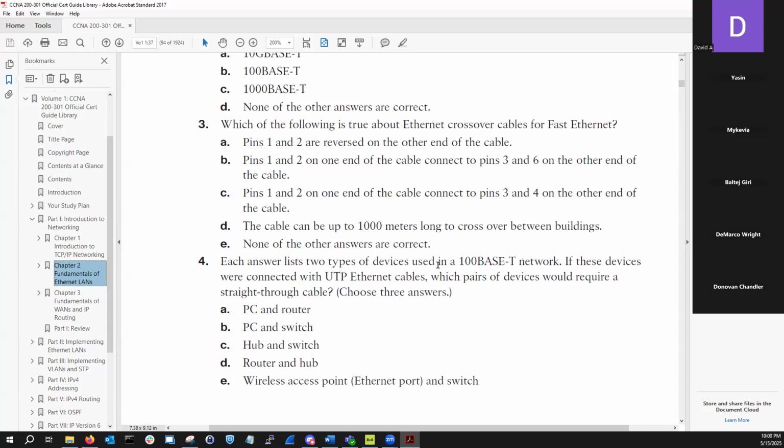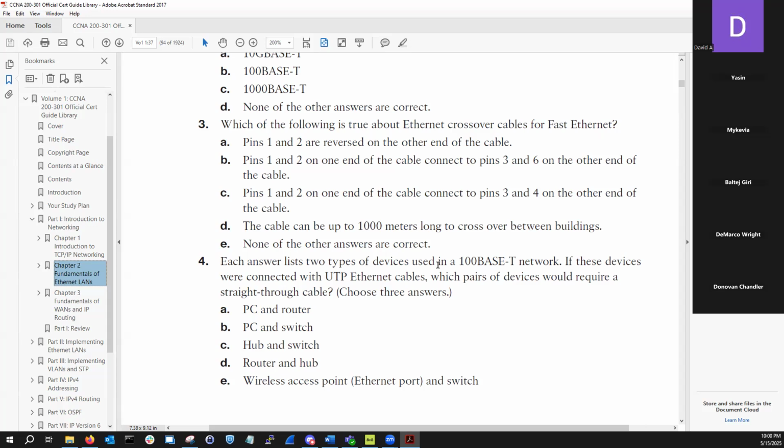Hey, Donovan, you can help me out on the last one. I think it's A: PC to router, because that'll be an all straight-through connection. A, B, and E. Why?